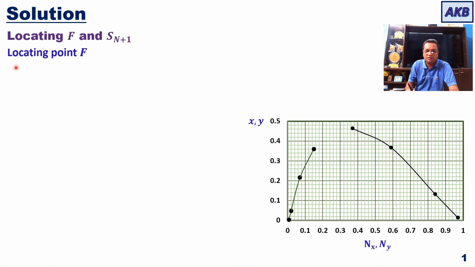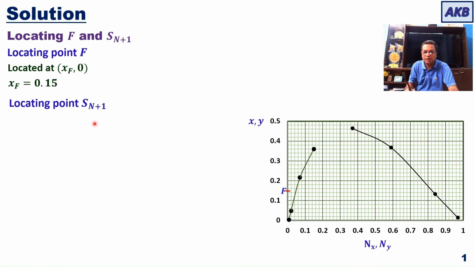Point F will be located at the point whose coordinates are xF, 0. xF is the weight fraction of C in the feed, whereas the weight fraction of B in the feed is 0. That's why point F will be located at xF, 0. xF is 0.15, so point F will be located on the y-axis where x is equal to xF, that is 0.15. So it is over here, and we are going to call that point F.